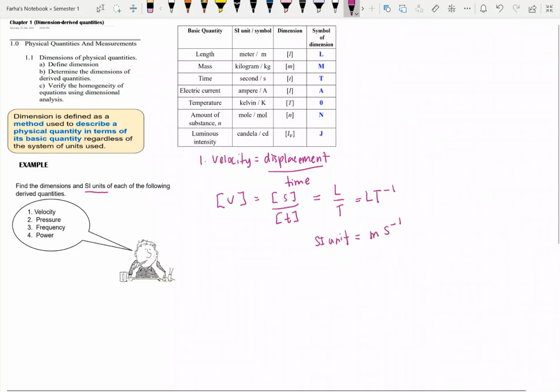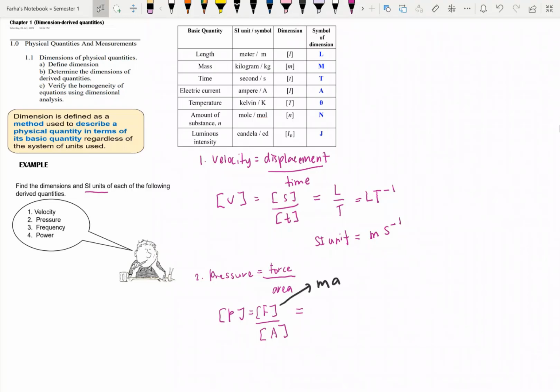Okay, now let's look at the second one, pressure. So pressure is equal to force over area. Okay, pressure is P. We square bracket all the physical quantities. Then we have force is MA, and the dimension is MLT^-2, and the area is L squared.